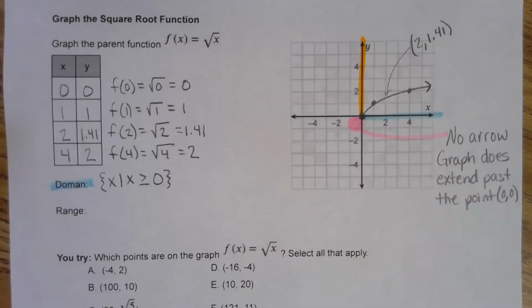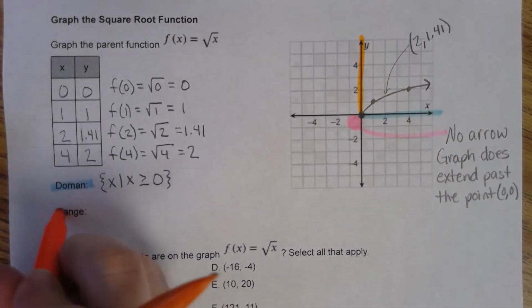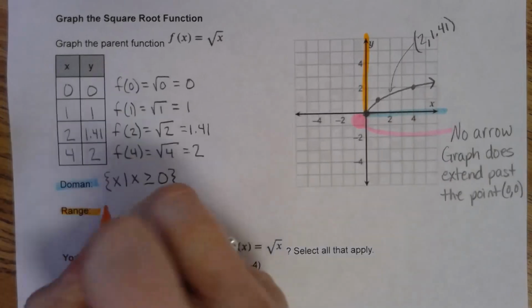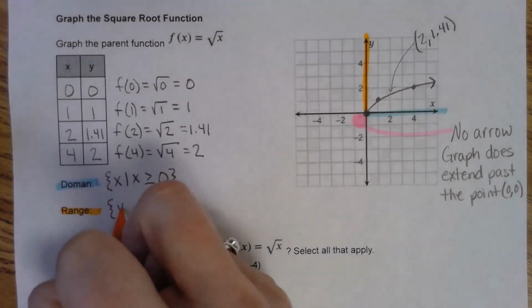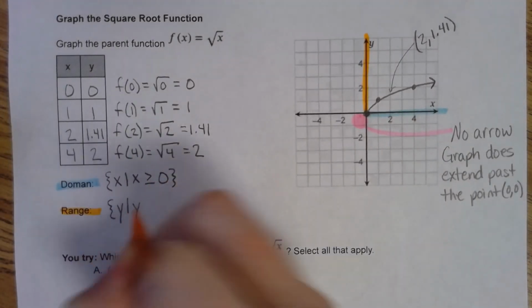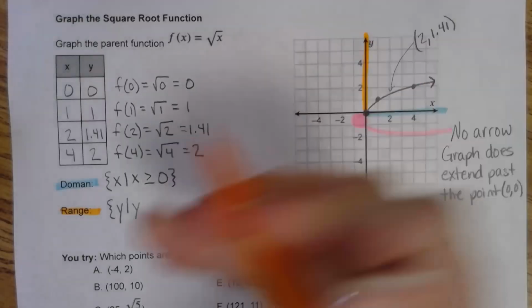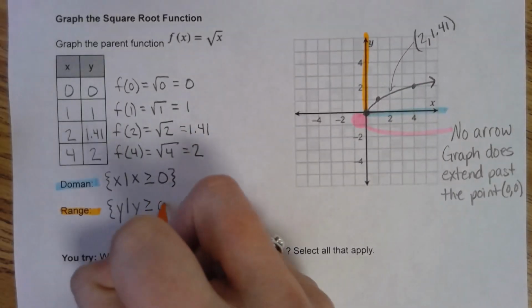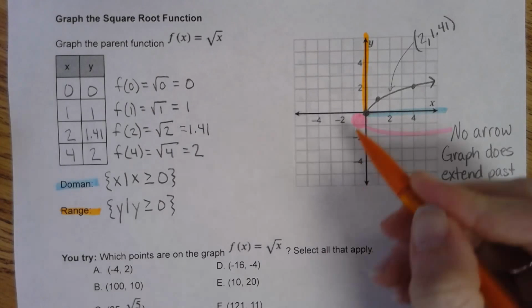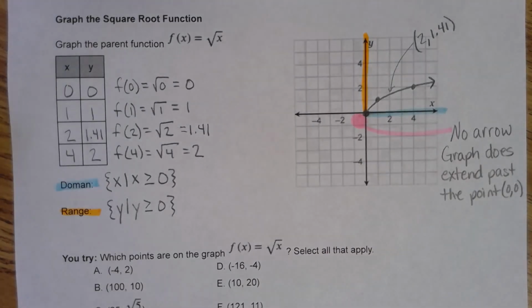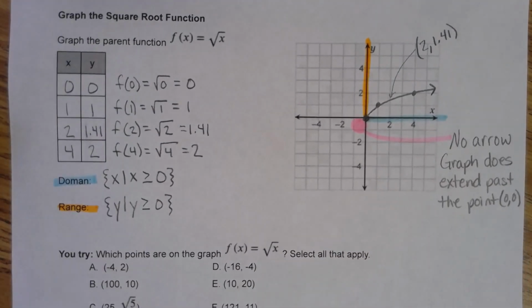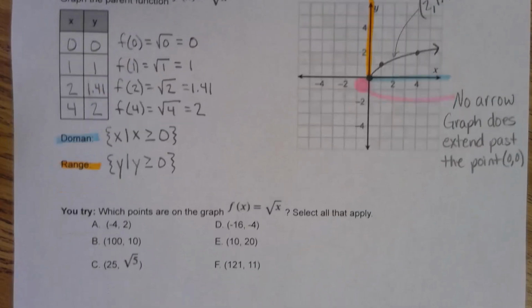So for our range, we're going to have the set of all y's such that y is greater than or equal to 0. They never drop below the x-axis in the negative values. So now you try the next one on your own.